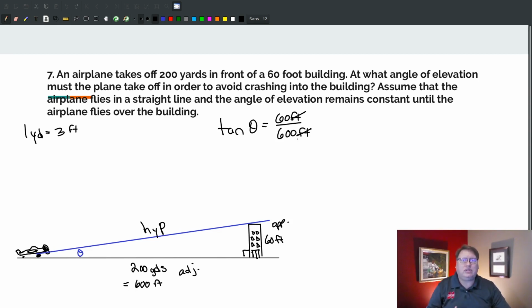They're going to cancel each other. I also have my zeros cancel, and I have 6 over 60, which is just 1 over 10, is tan theta. So theta is just going to be the inverse trig function of 1 over 10.